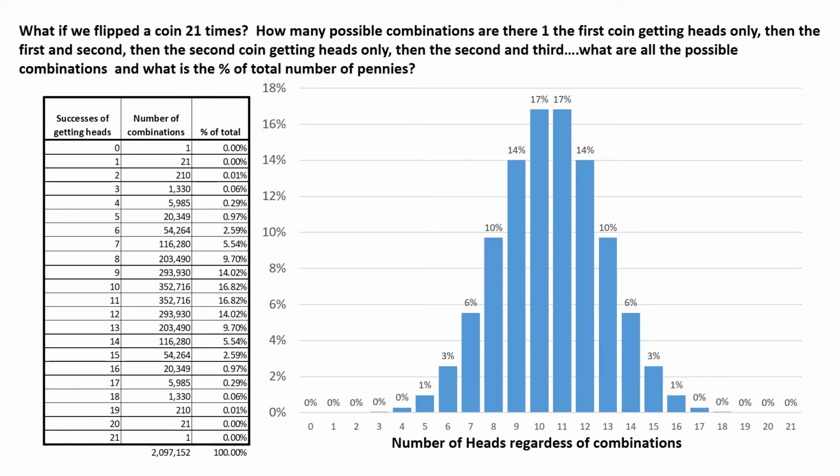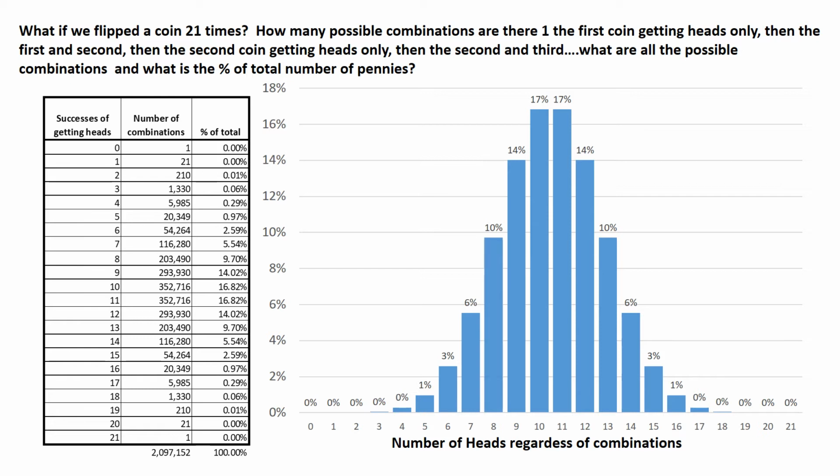It's practically zero. If I go to getting 11 heads, doesn't matter what combination of the 21 pennies, 352,716 divided by 2,097,152, it's 16.82%. And I've graphed it here, and I've basically rounded it up so it'd be easier to read.